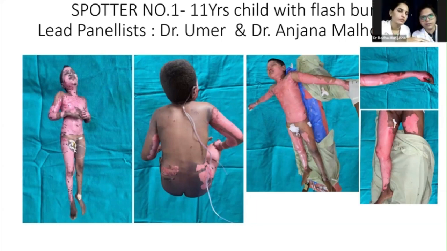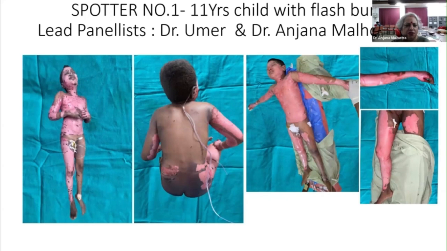We would send for CBP, electrolytes, renal parameters, urea, creatinine, liver function tests, serology, and ABG. Yes, but amongst these, what is the main thing you will monitor for adequacy of resuscitation? Creatinine level.